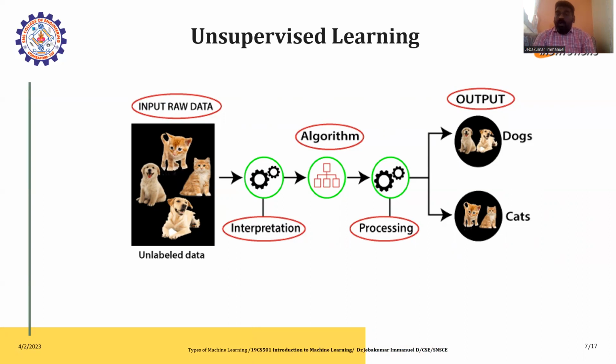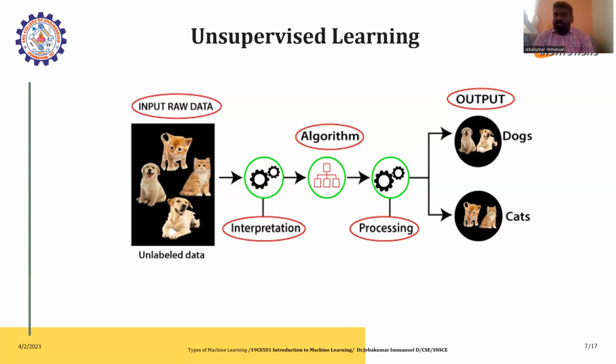But how is the machine learning algorithm going to describe, categorize or cluster them? What are the steps involved in this particular algorithm? In the second phase, the input raw data is interpreted. The interpretation is used for minimum-level classification; the raw data is processed at a very minimal level.